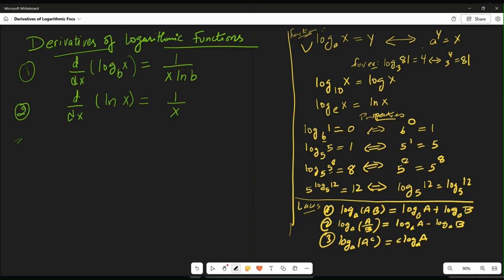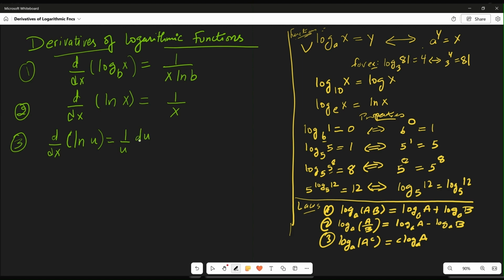Third, this has been derived from the chain rule. The derivative of natural log u is 1 over u times du over dx. I think I'm going to use the other formula, but I'm just going to write it here, whichever you want to use.